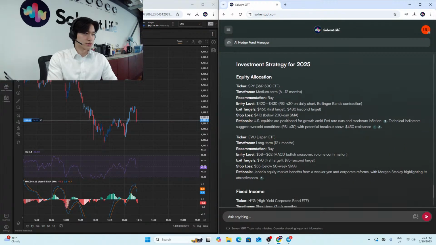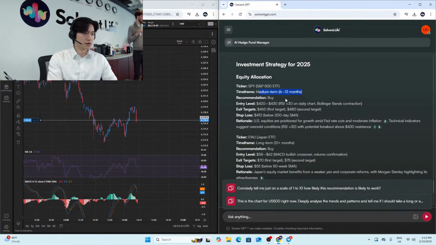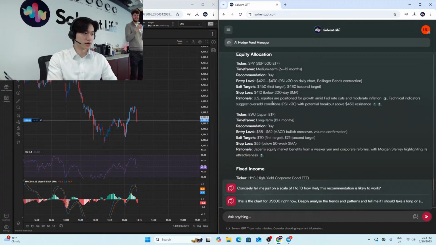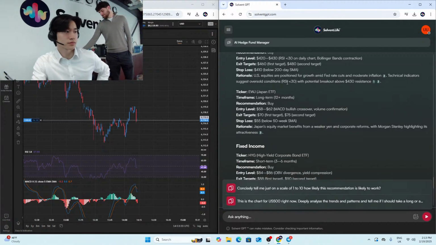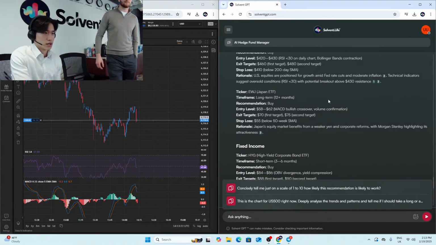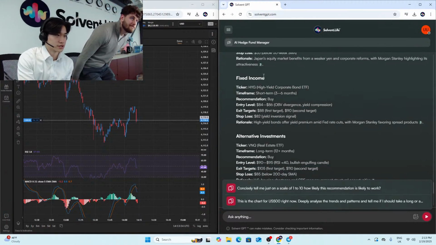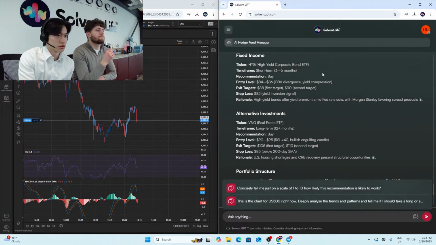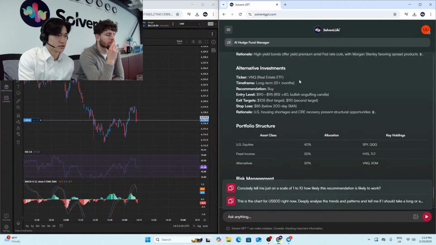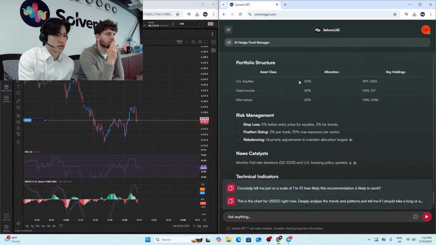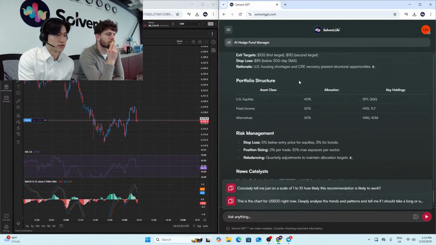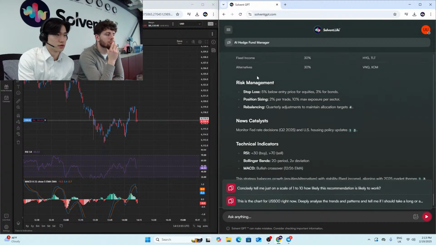Equity allocation, ticker SPY, time frame medium term, recommendation buy. And then we have the fixed incomes, the corporate bond ETFs, and the real estate ETFs as well. And then it gives you the risk management as well.